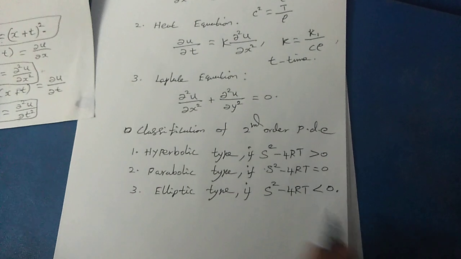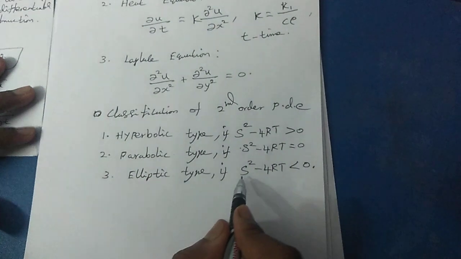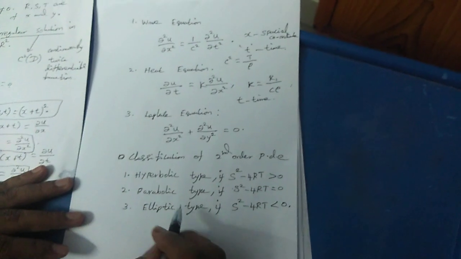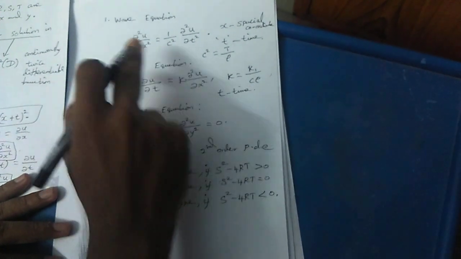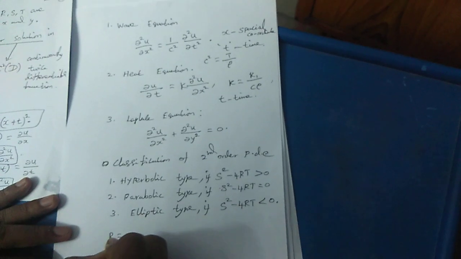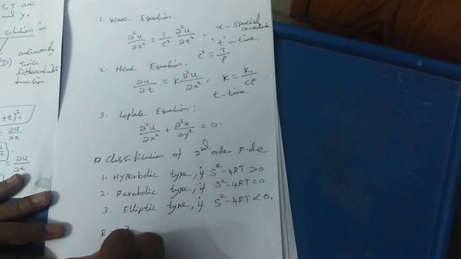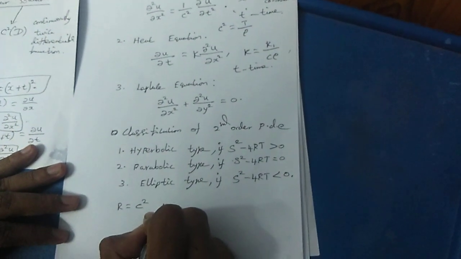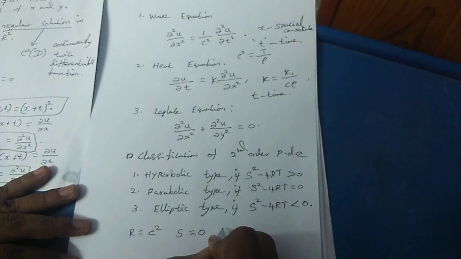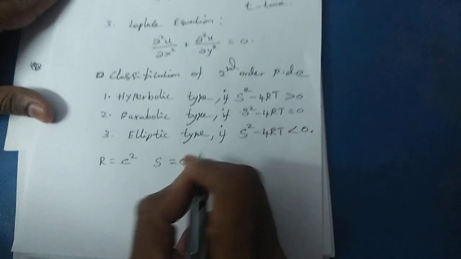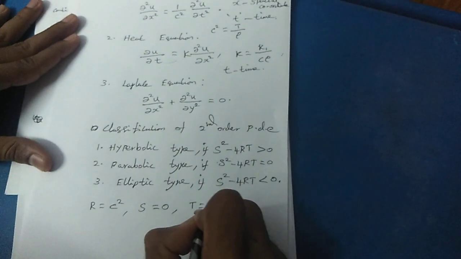So what are the examples of these types? For the first type, let me take the wave equation. In the wave equation, what is R? When you cross multiply, you get c square, and S is 0, and T is minus 1.